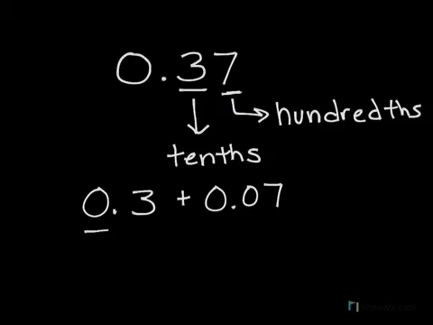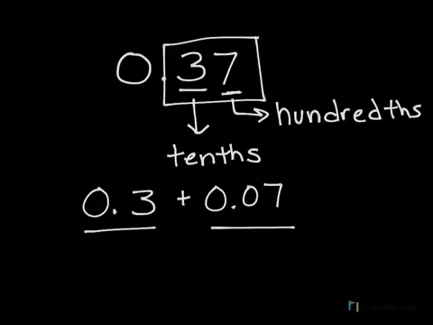So I have 3/10 plus 7 hundredths. I would read this decimal as 37 hundredths.